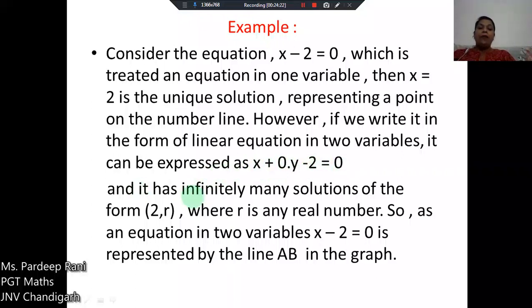Then it will have infinitely many solutions of the form (2, r), where r is any real number.